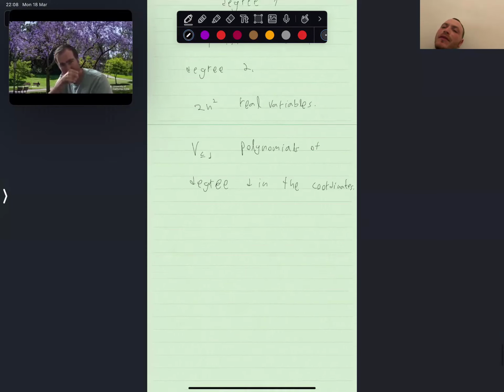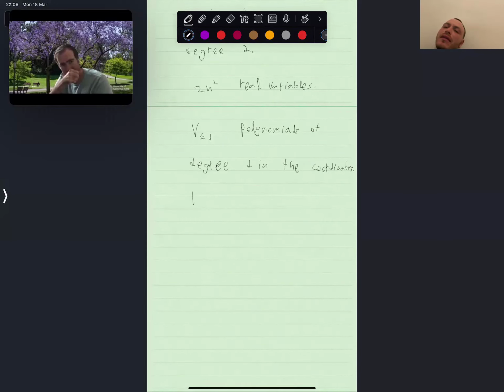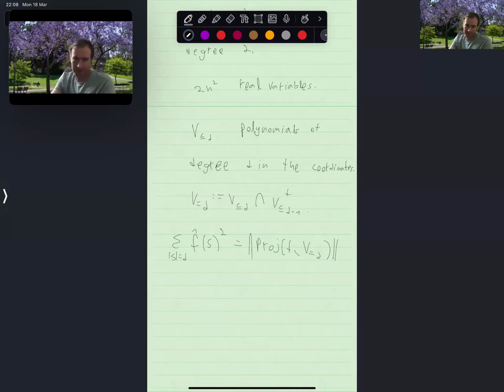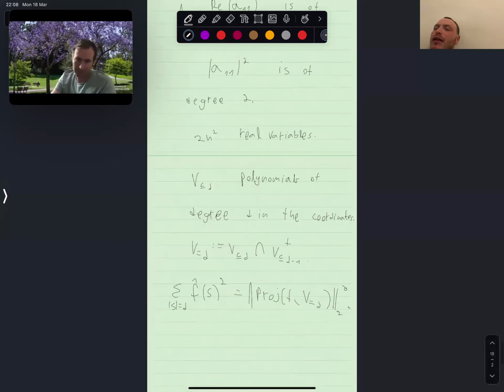So these are the polynomials of degree at most D in the coordinates, and then you can take V equal to D to be V at most D intersected with the orthogonal part of V at most D minus 1, and then the sum over S equal to D of F at S squared is the projection of F to V equal to D. So basically the same notion generalizes.